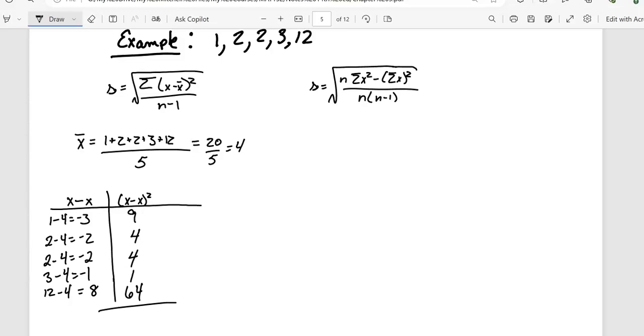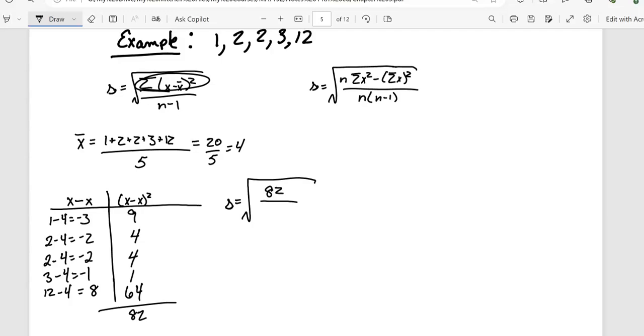So if I add 64 plus 1 plus 4 plus 4 plus 9, yeah, 82. So my standard deviation would be the square root of that sum, which is 82, over n minus 1.